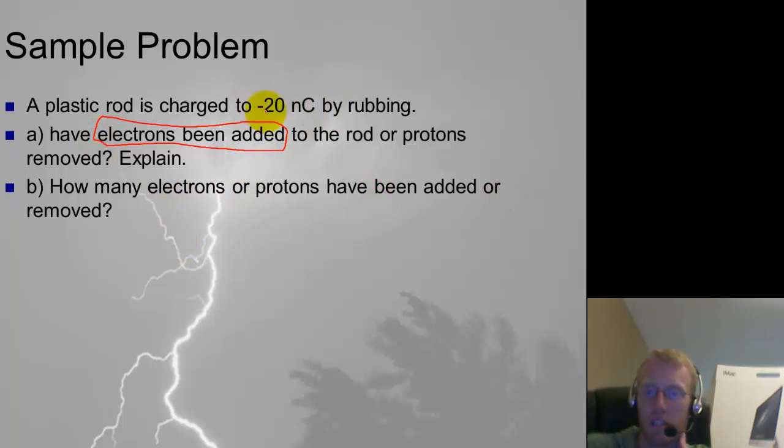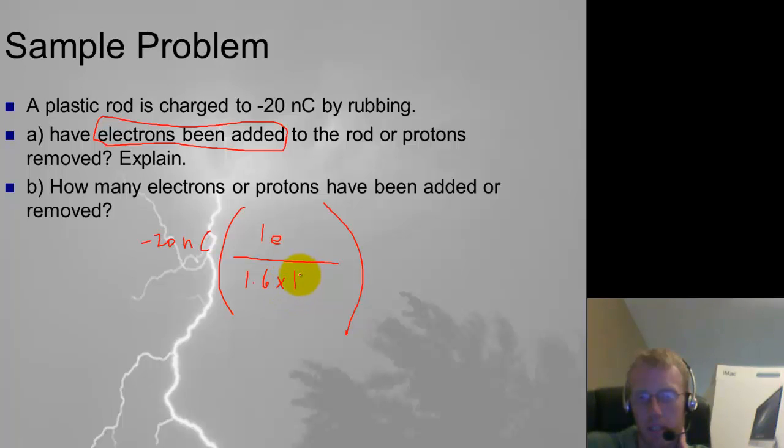Okay, we have to convert -20 nanocoulombs into a number of electrons. So we have our conversion factor. 1 electron is 1.6 times 10 to the -19th coulombs. Okay, coulombs cancel. You have to make sure that you write nano as times 10 to the -9th.